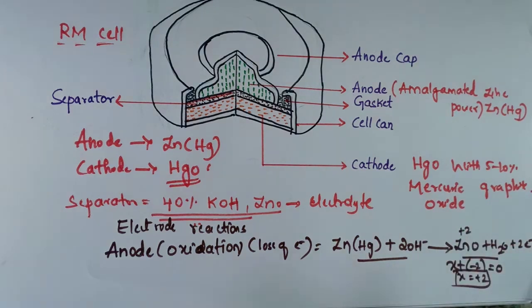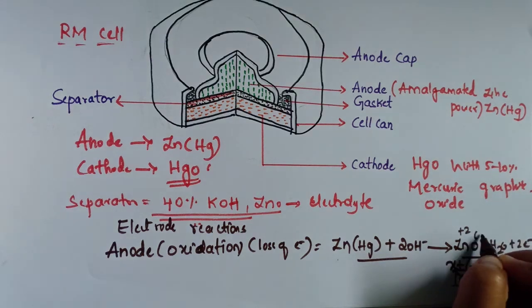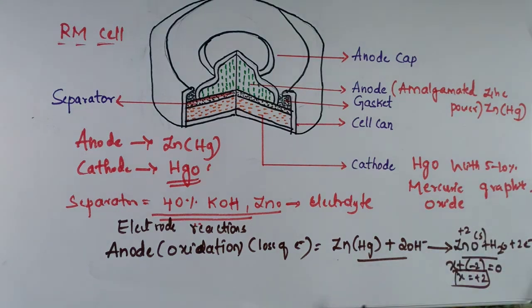That means 2 electrons are lost while carrying out this reaction. So oxidation has taken place, that means loss of electrons. Once again let me explain. Here at the anode, amalgamated zinc powder and 2OH react. It will give ZnO plus water plus 2 electrons lost. Here ZnO is the solid.